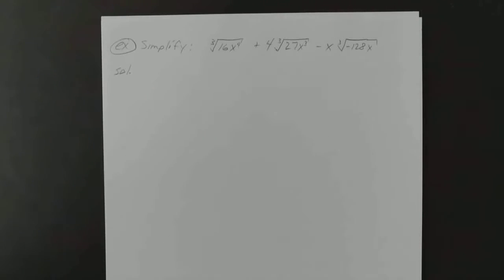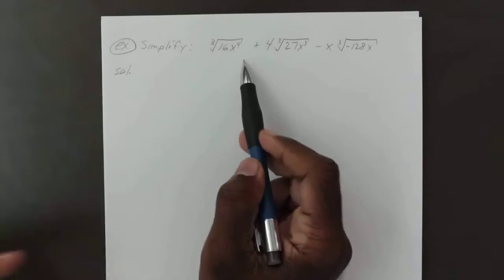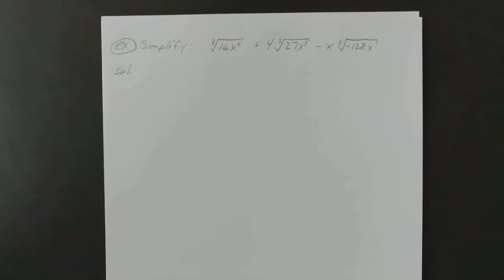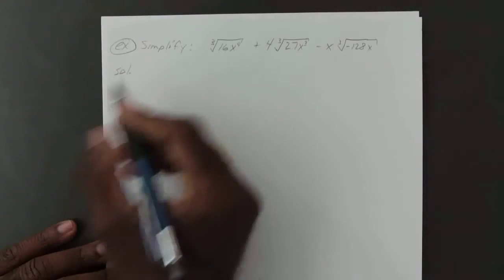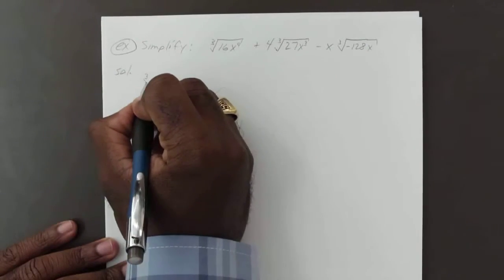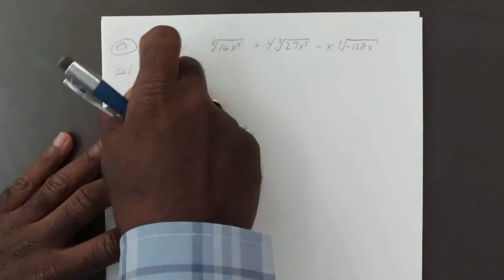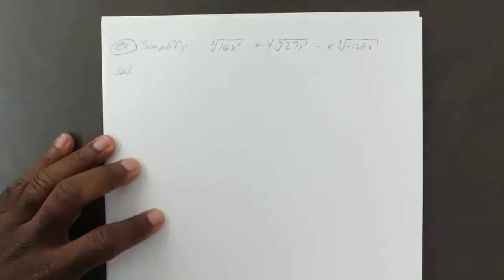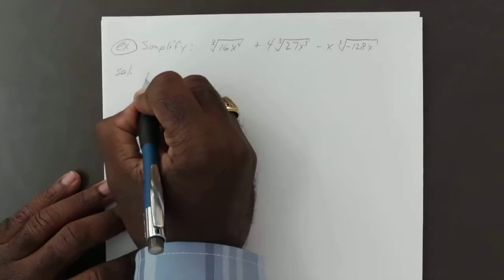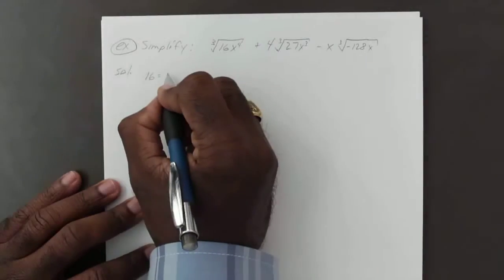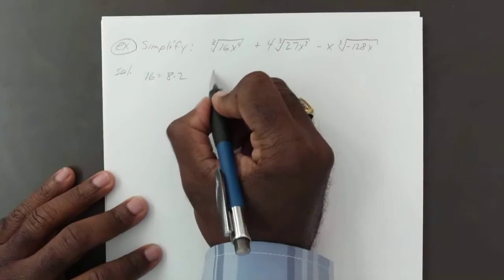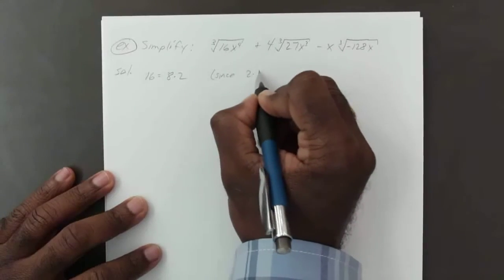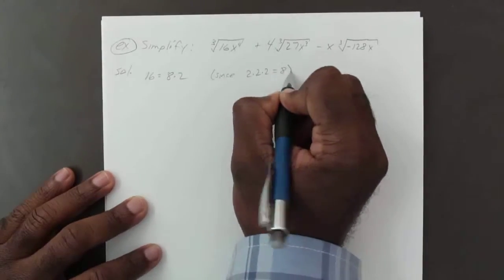Okay, so now when you're dealing with cube roots, if they're not already perfect cubes, you want to see if you can reduce them to factors where at least one of the factors is a perfect cube. So let me convert it first. You notice that 16, you can make that 8 times 2, because remember, 2 times 2 times 2 equals 8.